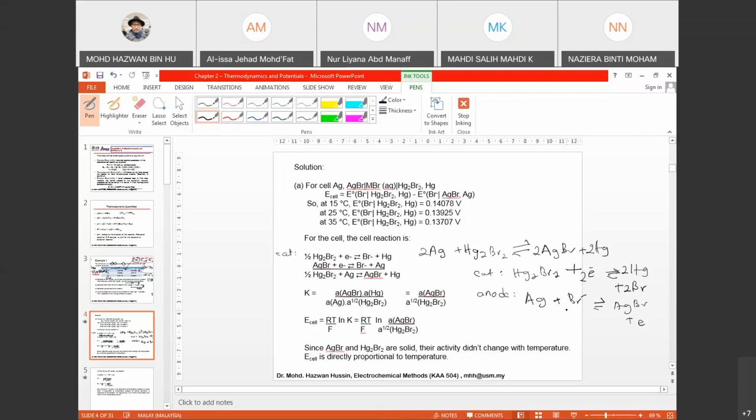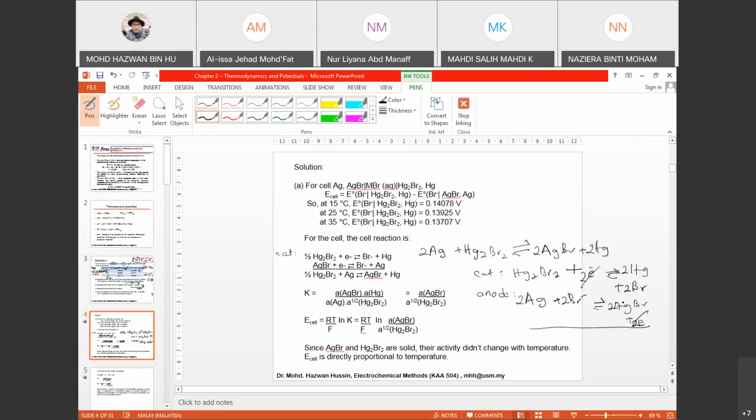If you want to make it 2, you just multiply this one by 2, so you get 2, 2, 2, and 2, then the electrons cancel off.